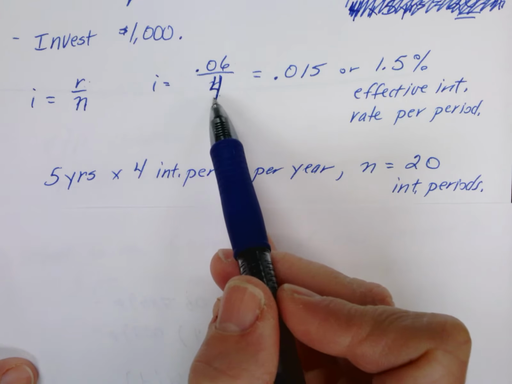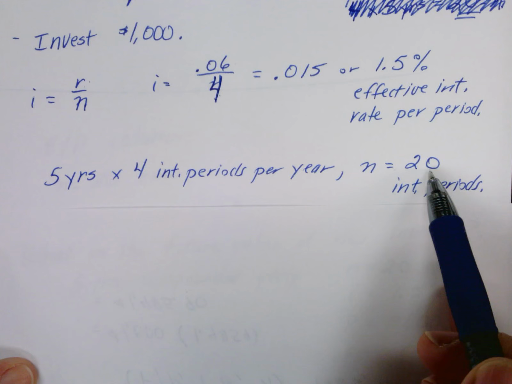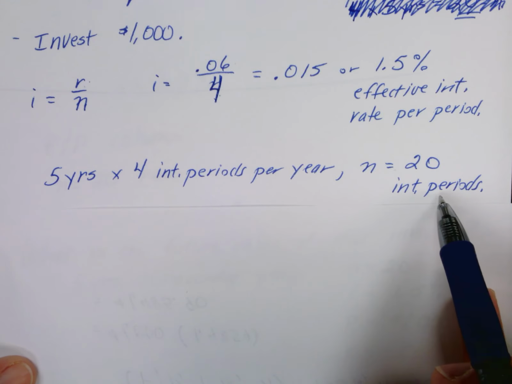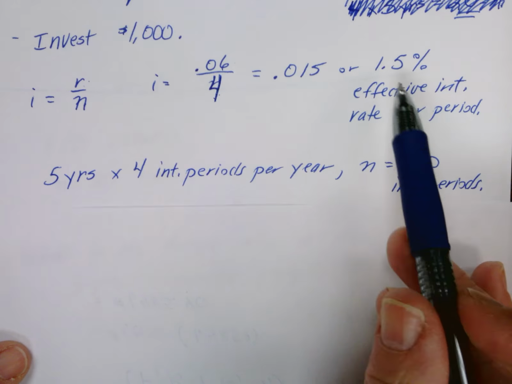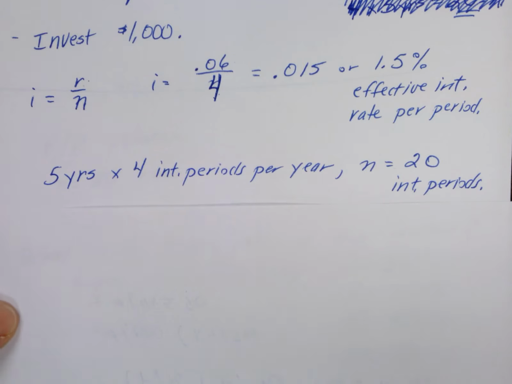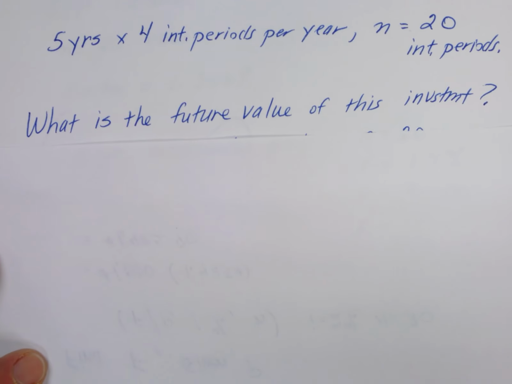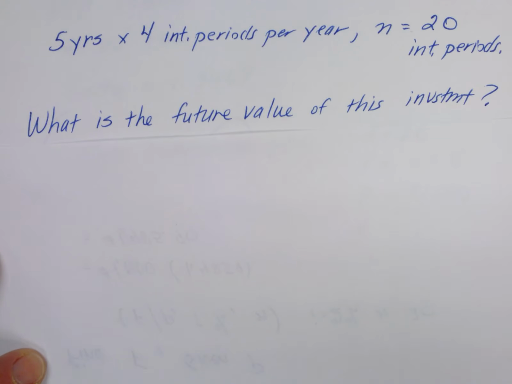N is 4 for 1 year times 5 years, so overall, for this whole investment, our N is 20 interest periods with an effective interest rate I of 1.5%. All right, remember we're investing $1,000 and the question is, what is the future value of this investment? What will the value be at the end of the 5-year period?